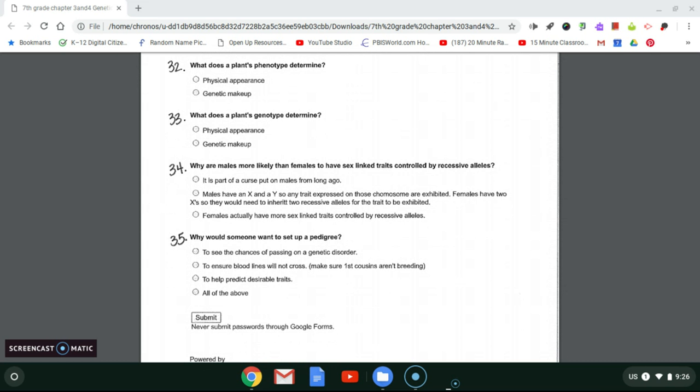Number 34. Why are males more likely than females to have sex-linked traits controlled by recessive alleles? It is part of a curse put on males from long ago. Males have an X and a Y, so any trait expressed on those chromosomes are exhibited. Females have two X's, so they would need to inherit two recessive alleles for a trait to be exhibited, or females actually have more sex-linked traits controlled by recessive alleles.